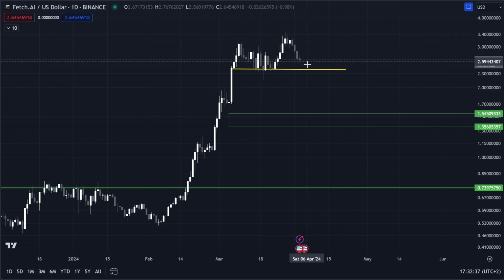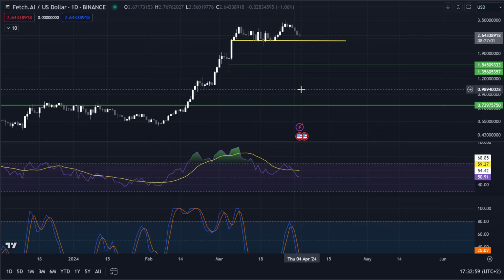But at the moment the price is above this line, so I wouldn't look for any short position, but I'm not looking for any long position either. If we lose this level, around $2.39, it could be possible that the price is going to go lower.